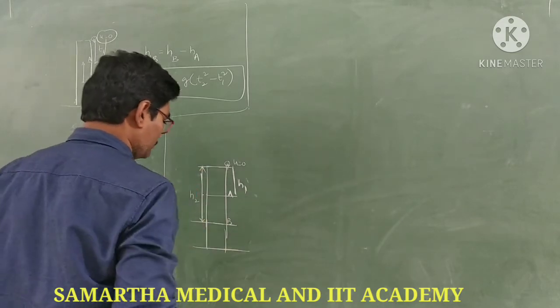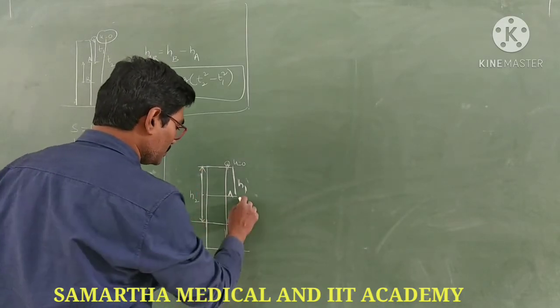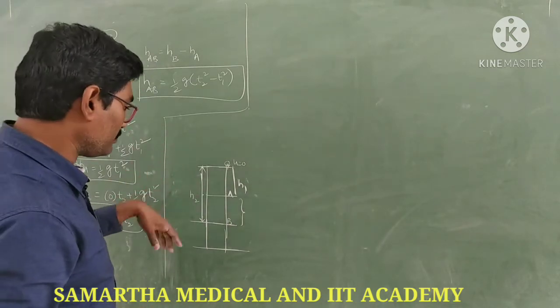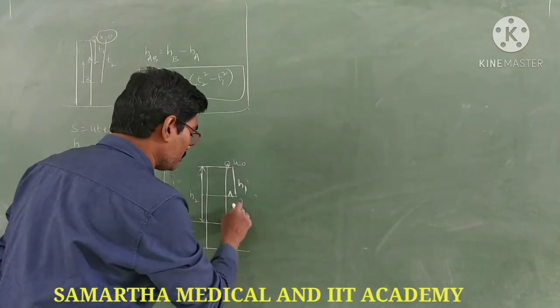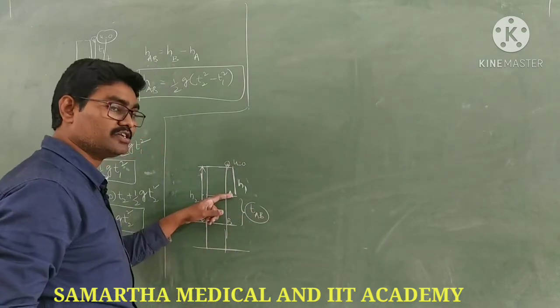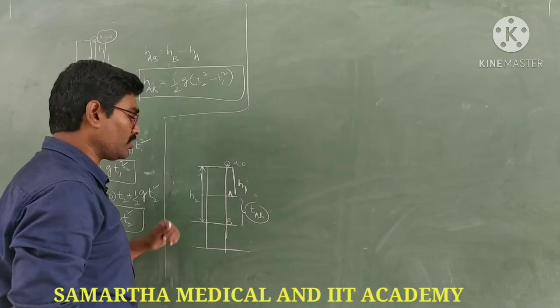One more thing: heights means you can say directly H2 minus H1. Suppose they ask what is the time taken to reach from A to B. Then what do you need to do?